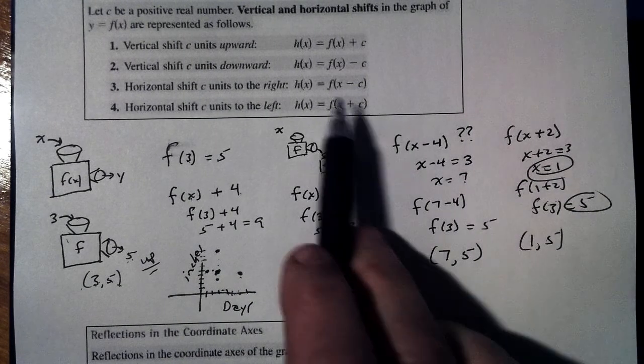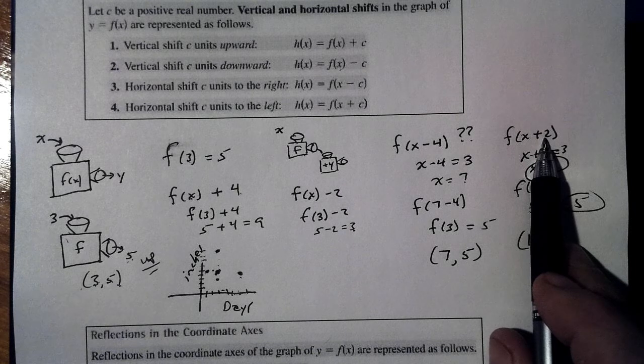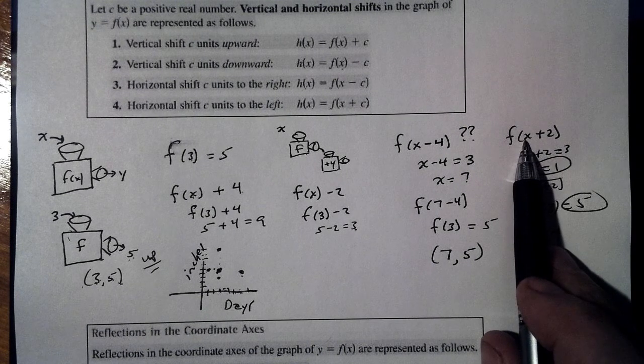Think of this one as a 2-day head start. We planted our corn 2 days sooner. So what normally happened on day 3, now if it has a 2-day head start, happens back on day 1.